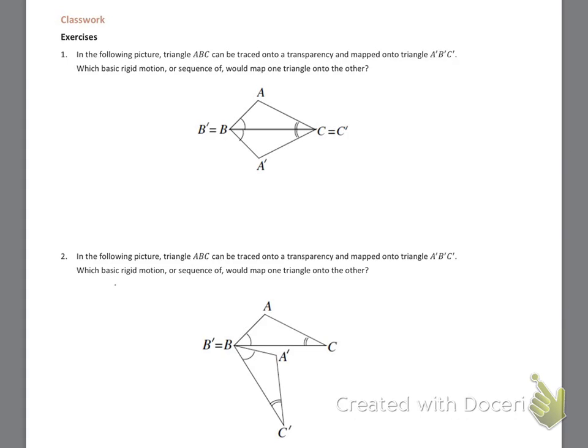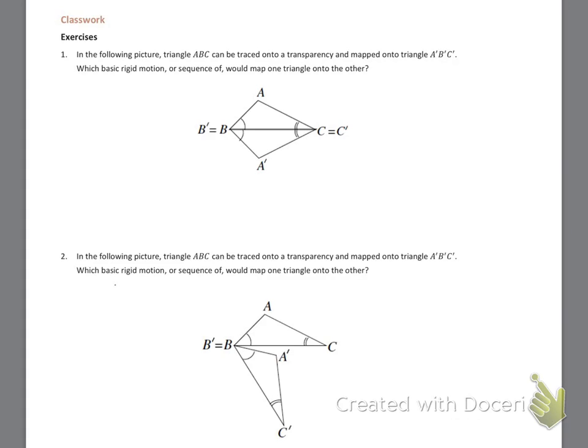Which basic rigid motion or sequence would map one triangle onto the other? Okay, just think about it quickly. What rigid motion would map those onto one another? And if you said reflection, you're correct. But we need a little more detail than just that.